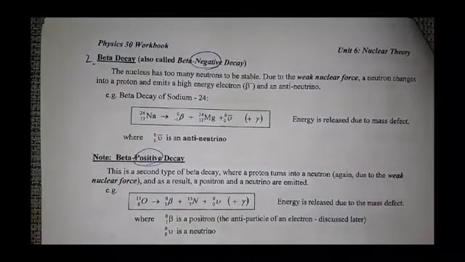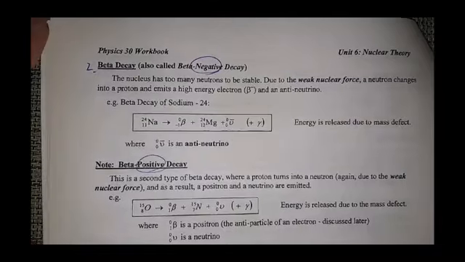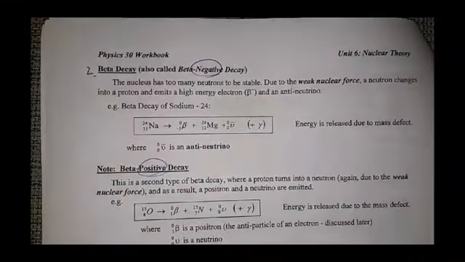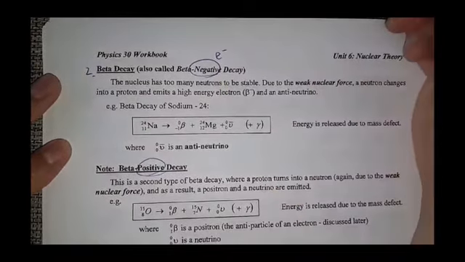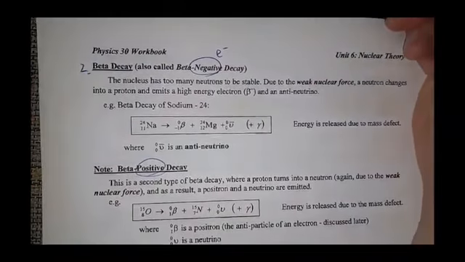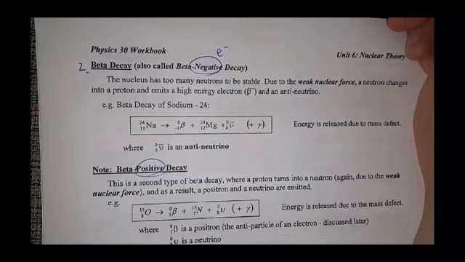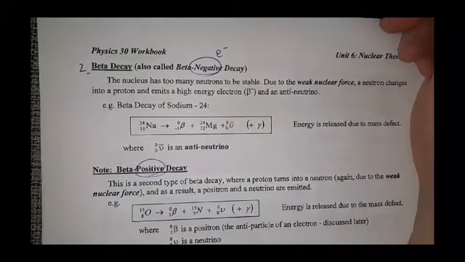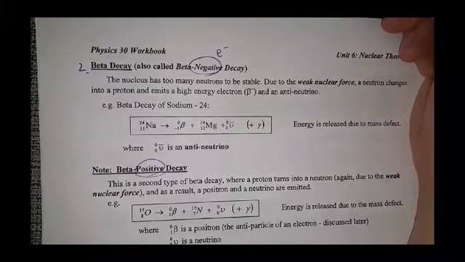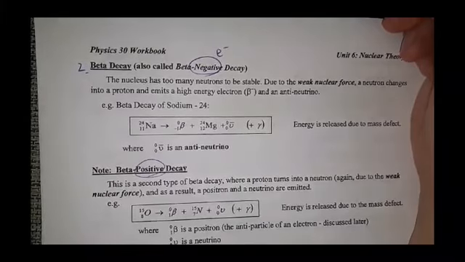All right, so let's talk about beta decay. Now, beta decay involves an excited electron. An electron, as you may know, doesn't count toward atomic mass, because atomic mass should be the proton's mass, not the electron's mass.